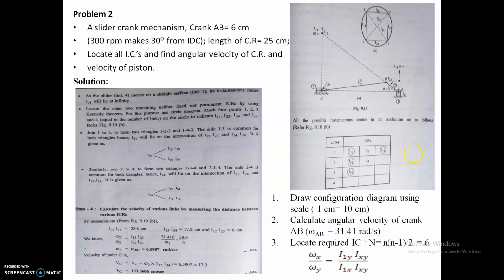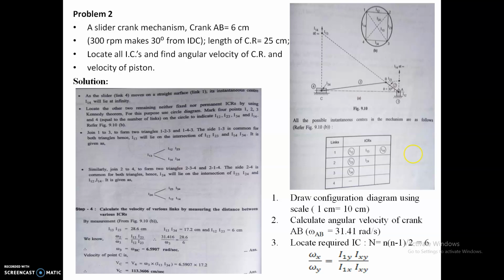Now the next ICs are 1 3 and 2 4. One by one, let us join 1 and 3, and by joining 1 and 3, two triangles are formed. Triangle 1 2 3 is on the right side, and triangle 1 4 3 is on the left side. Because of the half triangles, two ICs are formed.